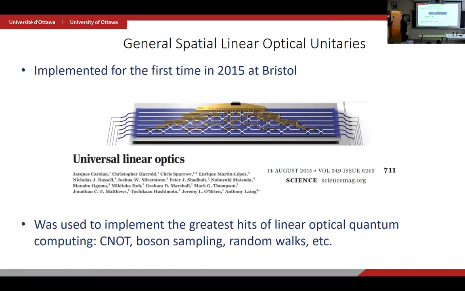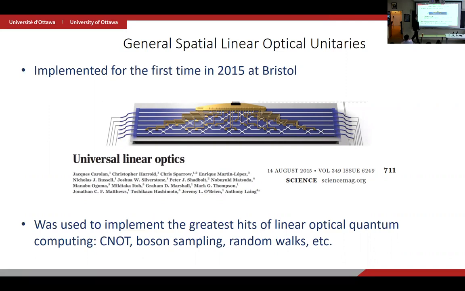This was highly influential in the field of quantum optics, because with this one device, you could now dial in any quantum optical setup that you wanted. The only thing that varies then is what light you put in and what detection you do at the end. They used this in quick succession to demonstrate how to make CNOT gates, how to do random walks for quantum information processing.